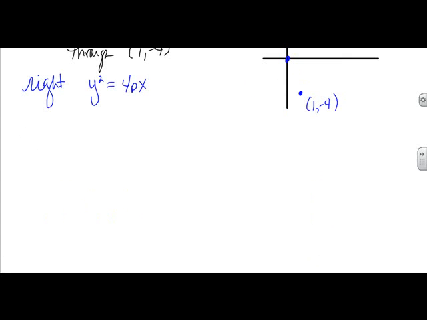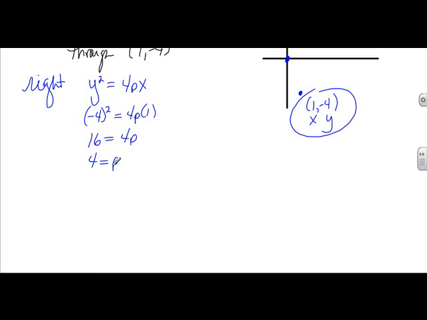We have an exact value for an x and an exact value for a y with our ordered pair here. So if we plug in negative 4 for y and 1 for x, then we can find the value of p and write the equation. y squared would equal 16x.